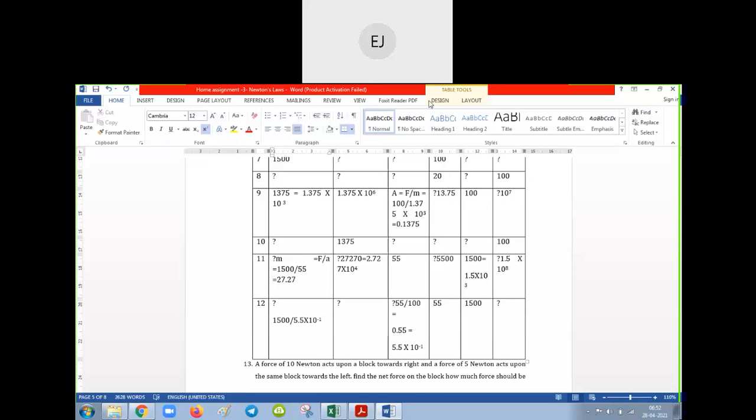Is it okay or any other doubts still? Sir, can we convert this 1500 into standard form? Yeah, you can convert 1.5 into 10 power 3 by 5.5 into 10 power minus 1, then simplify. Or finally, after you get the decimal, you can convert it into standard form.